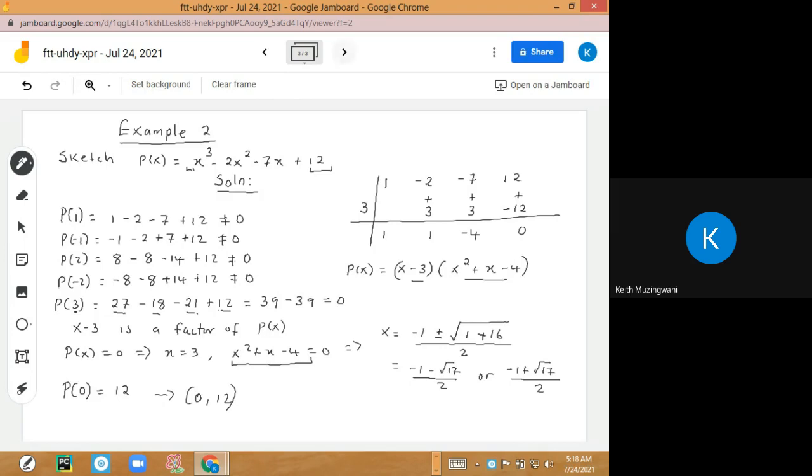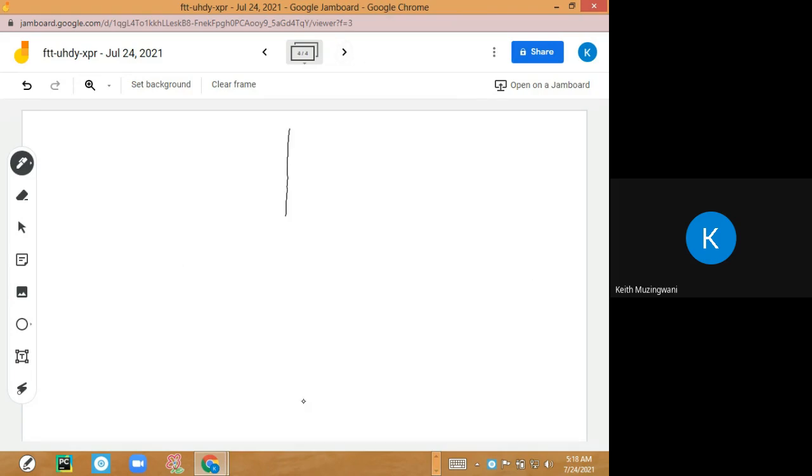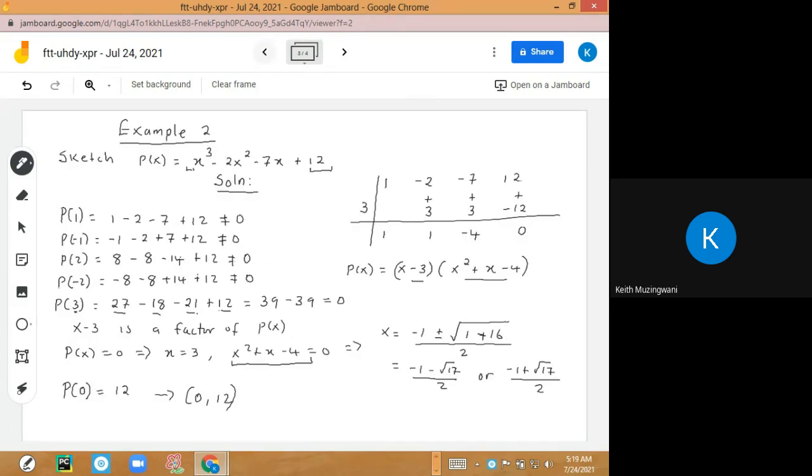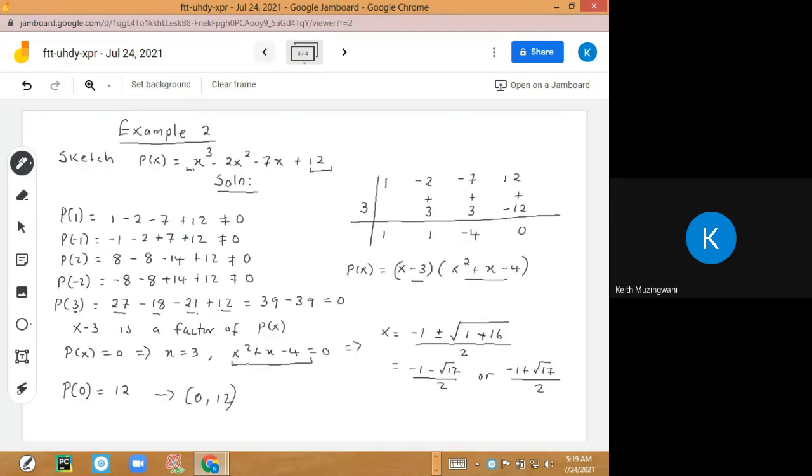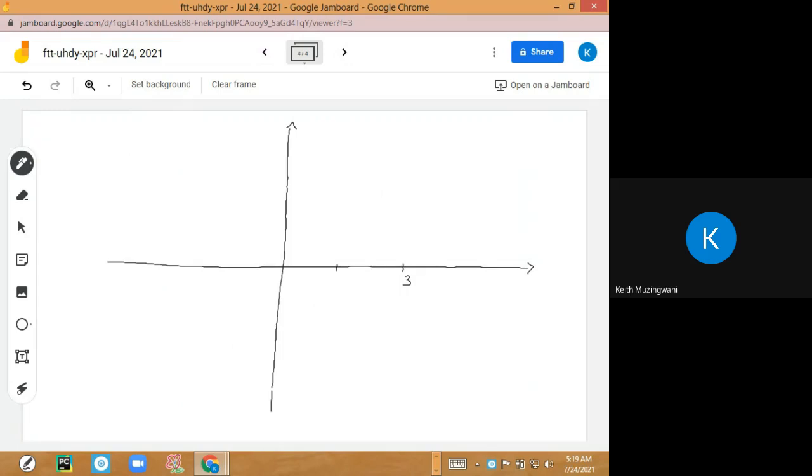So this should be our sketch. So we have 3. We also have -1 plus root 17 over 2. We also have -1 minus root 17 over 2.